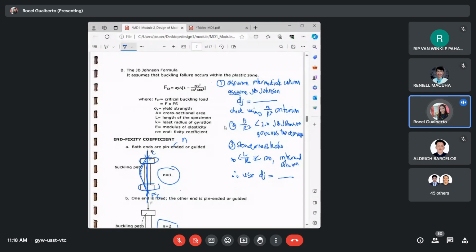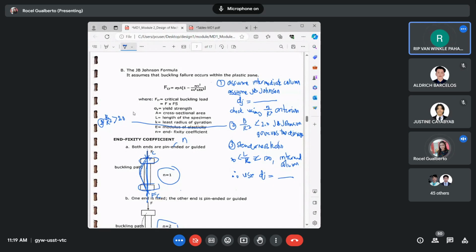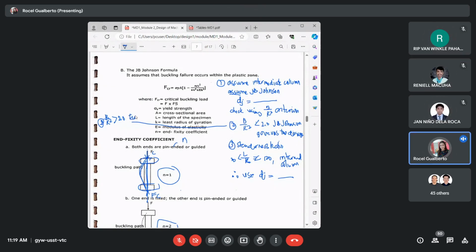Nagkataon lang, nangyari ang iyong B over K squared happens to be greater than 2. Ano sabi natin pag greater than 2? Euler po, ma'am. Euler governs the design. So, you need to recompute.